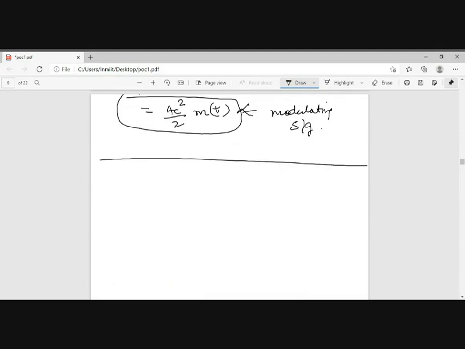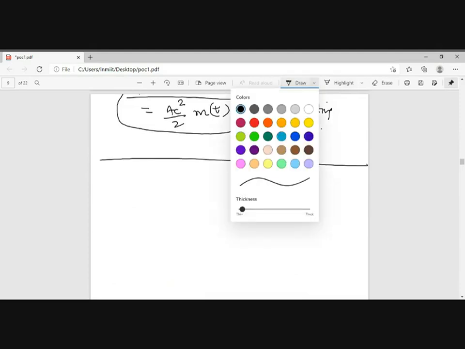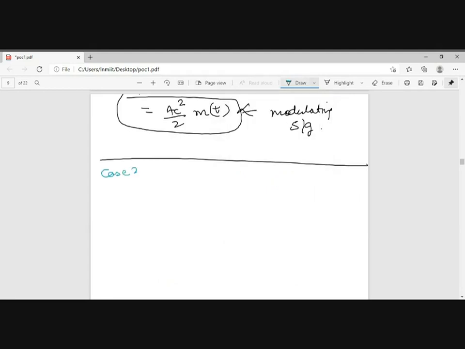Now coming to case 2: there is a phase difference. The local oscillator output will be equal to Ac cos(2πfct + φ). There is a phase difference of φ, so the phase is not synchronized with the transmitting end.